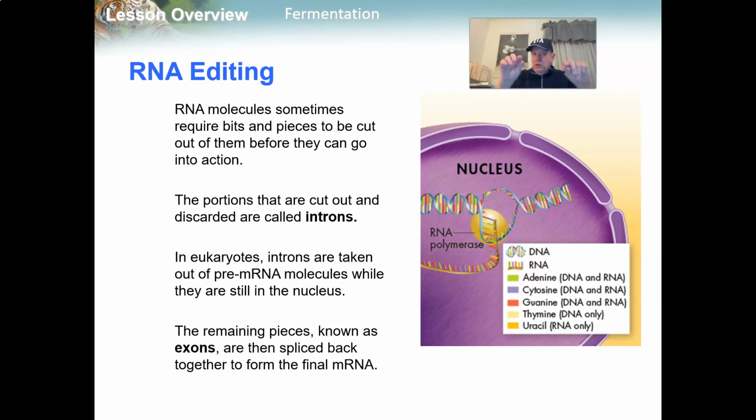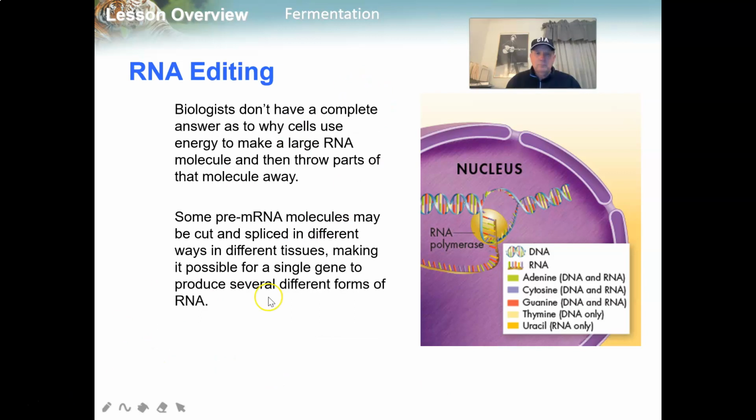So messenger RNA gets created longer than is needed, and these introns are taken out. In eukaryotes, introns are taken out of pre-messenger RNA molecules while they're still in the nucleus. The remaining pieces are known as the exons and are spliced back together to form the final messenger RNA.